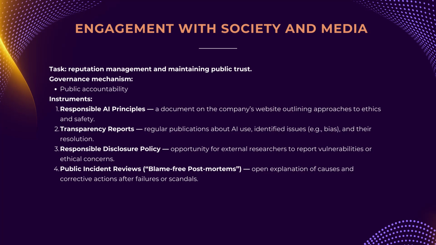Transparency reports, periodic reports on how the company uses AI, what problems it has faced, and how it addresses them. A responsible disclosure policy, a procedure for external researchers to report vulnerabilities or ethical issues in your AI systems. Public incident postmortems. In the event of a public incident, it is important not merely to apologize but to publish analysis of causes and measures to prevent recurrence.